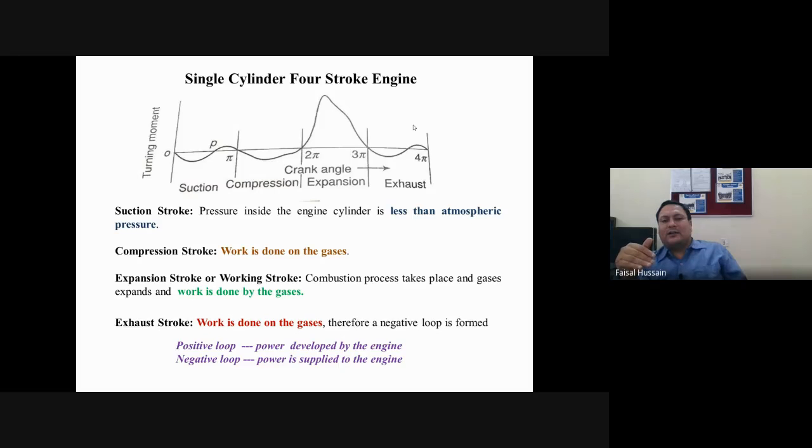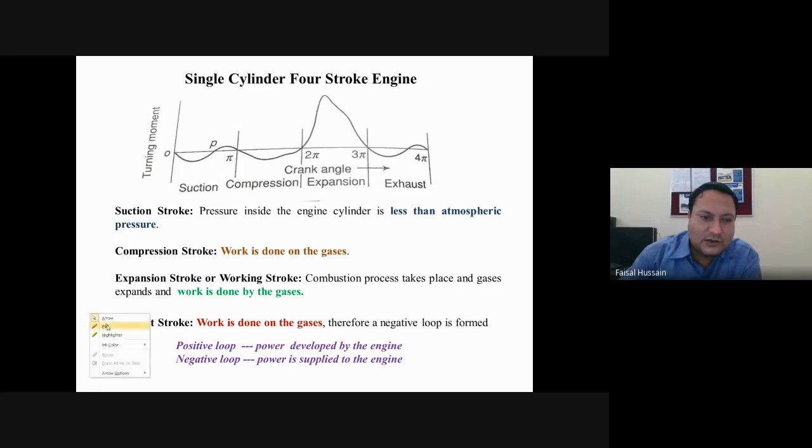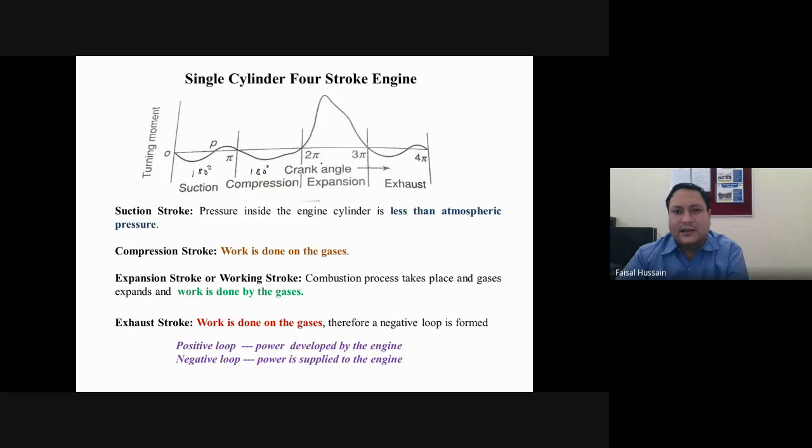Okay. Now in turning moment diagram of four stroke engine, the cycle is completed in two revolutions of crankshaft. For example, 0 to this is 180 degree, this is 180 degree, so it is 360 degree, again 180 degree, again 180 degree.